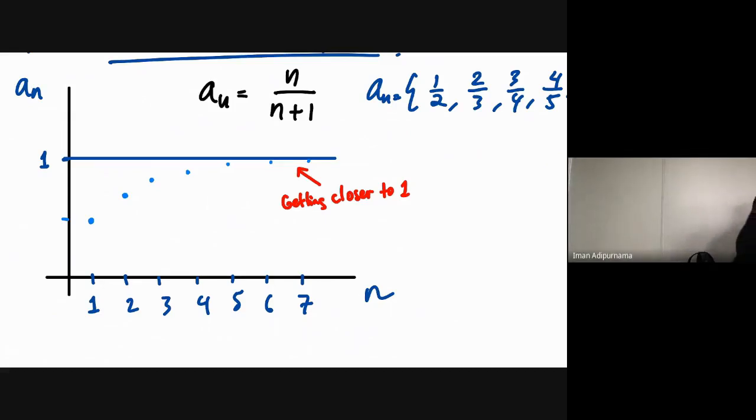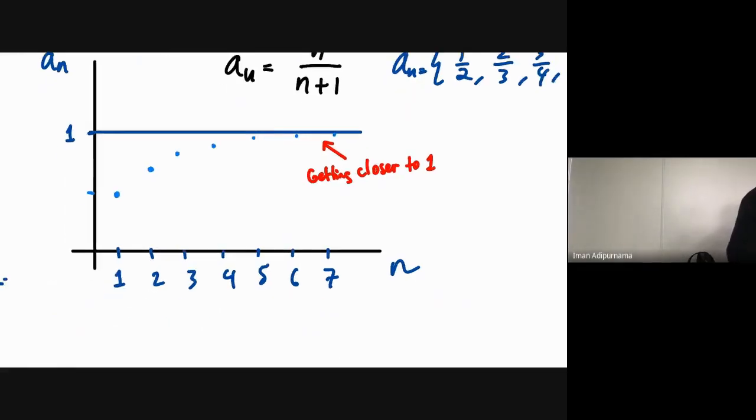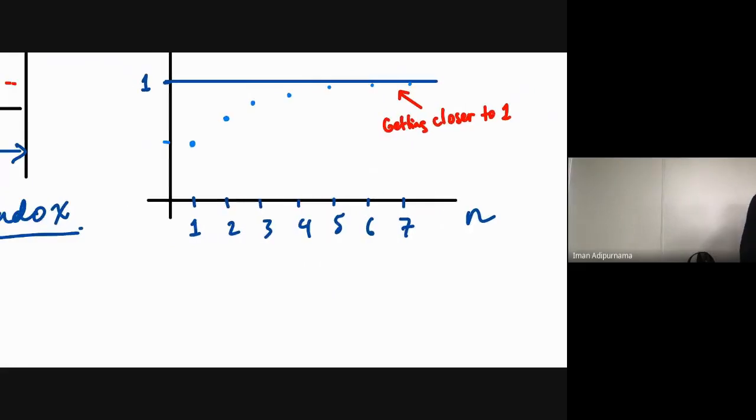Beside these visuals, we can also make visualizations like we did last week when we visualized the Zeno paradox. Let's say this is 1, and this is half, our first term.